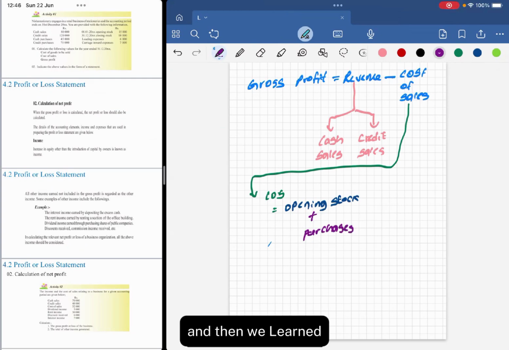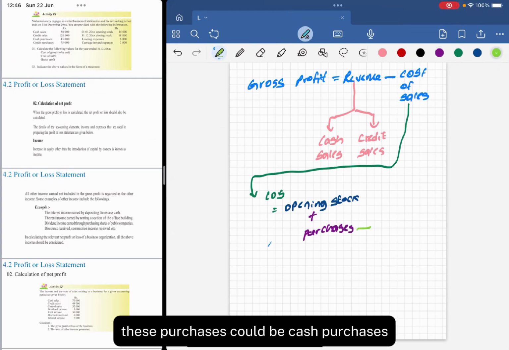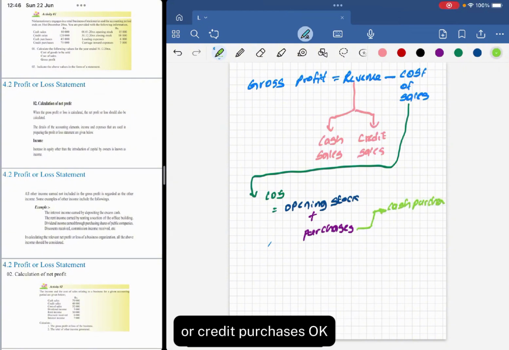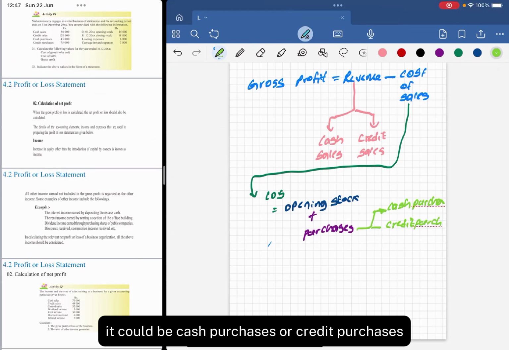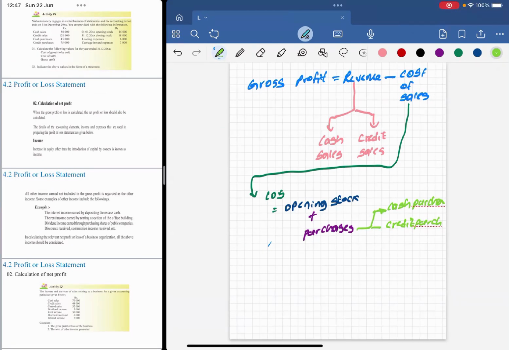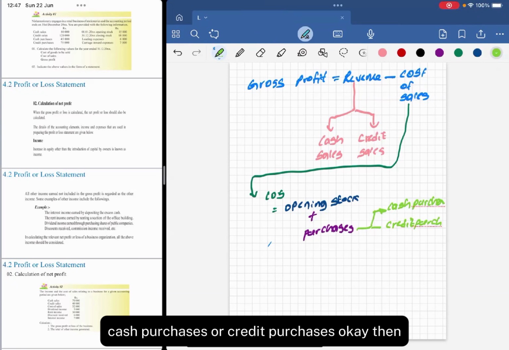And we learned these purchases could be cash purchases or credit purchases. Again, purchases that we paid for in cash, or purchases made on credit. So purchases can be cash purchases or credit purchases.